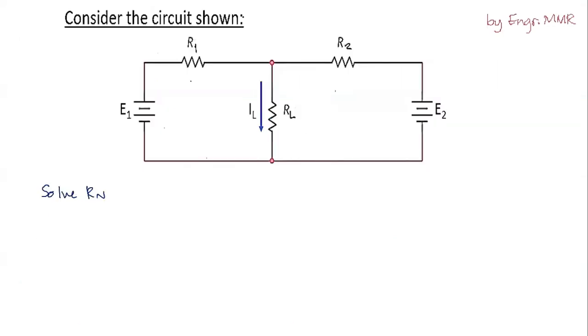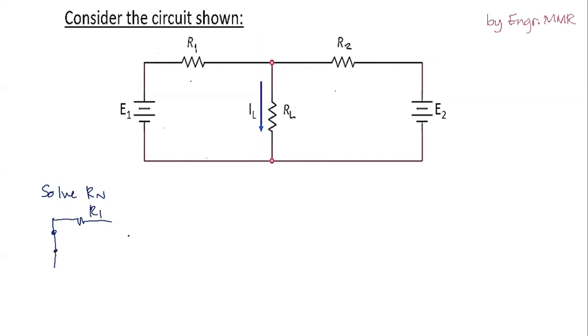Now, let's draw the equivalent circuit. We remove the RL and leave the terminals open, and then set all the independent sources to 0. Since the sources are voltages, we replace the voltages by a short circuit.